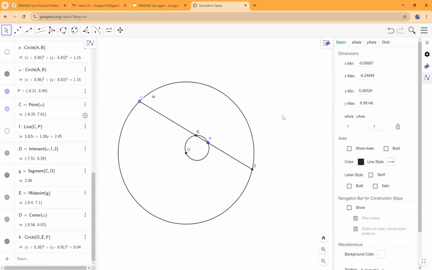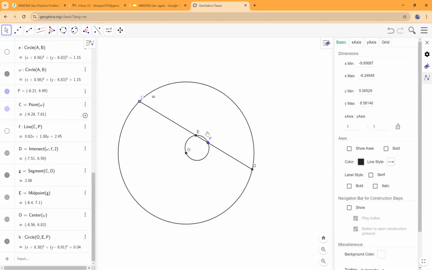If I have a point such that when I connect that point to the endpoints of a diameter the angle is 90 degrees, then the point lies on the circumference of the circle.